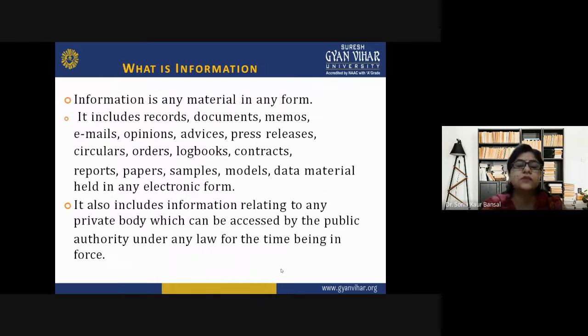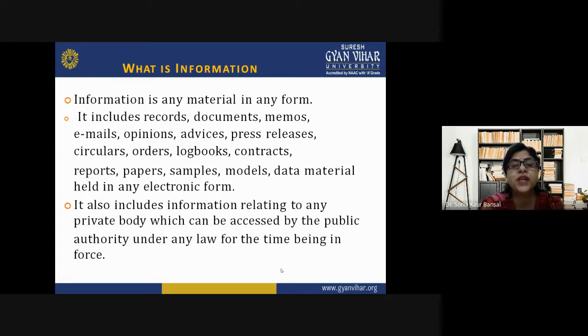So, first of all, what is information according to the law? Let's understand it. What do you call information? Information is any material in any form.